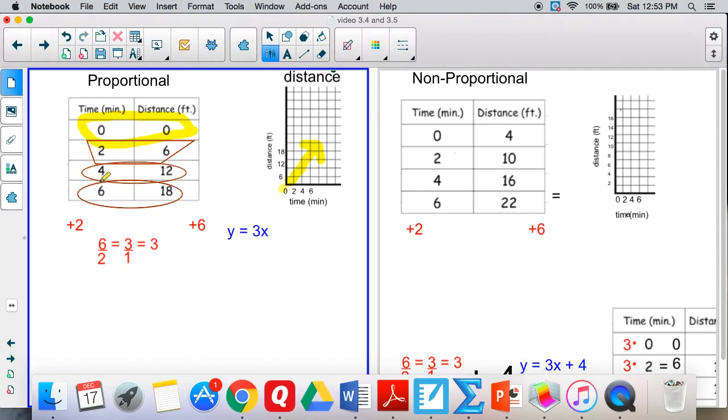All of those ratios equal 3, which are equivalent to the slope. So right there we have the constant of variation, or the constant of proportionality. So we know that this is a direct variation equation.